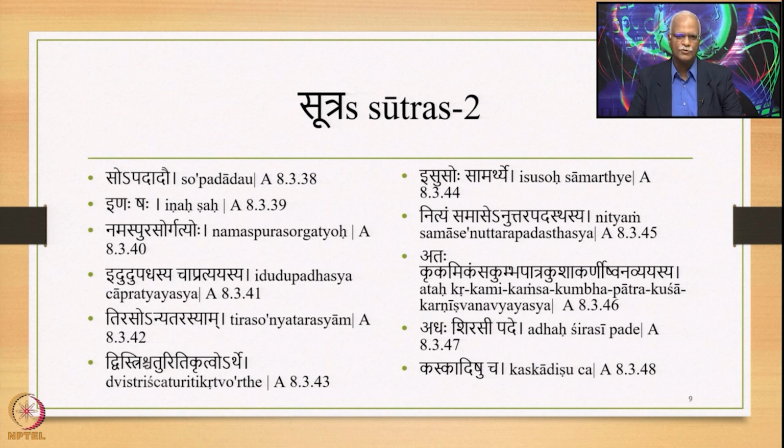Even though the number of sutras is a little bit more, the substitutions are not that many. So, let us study these sutras one by one and understand the Visarga Sandhi in detail.